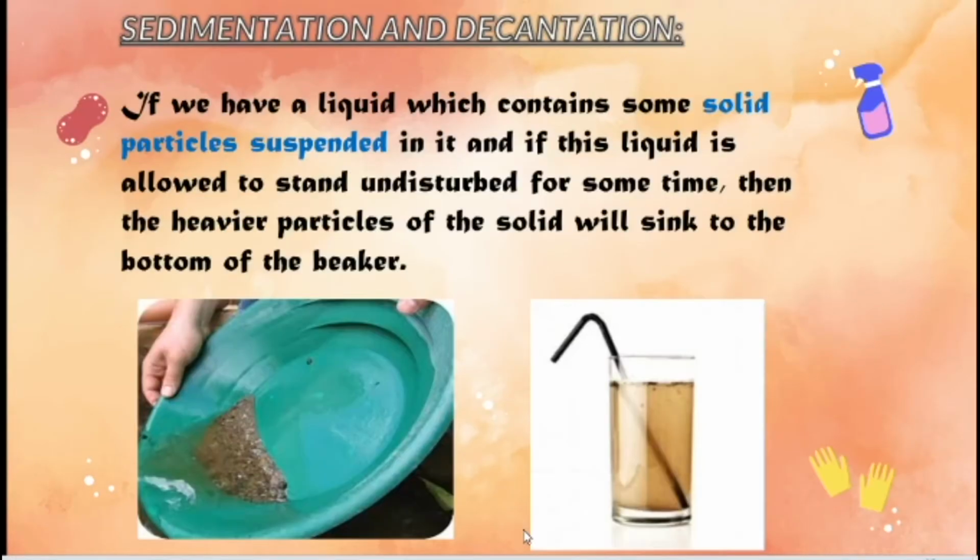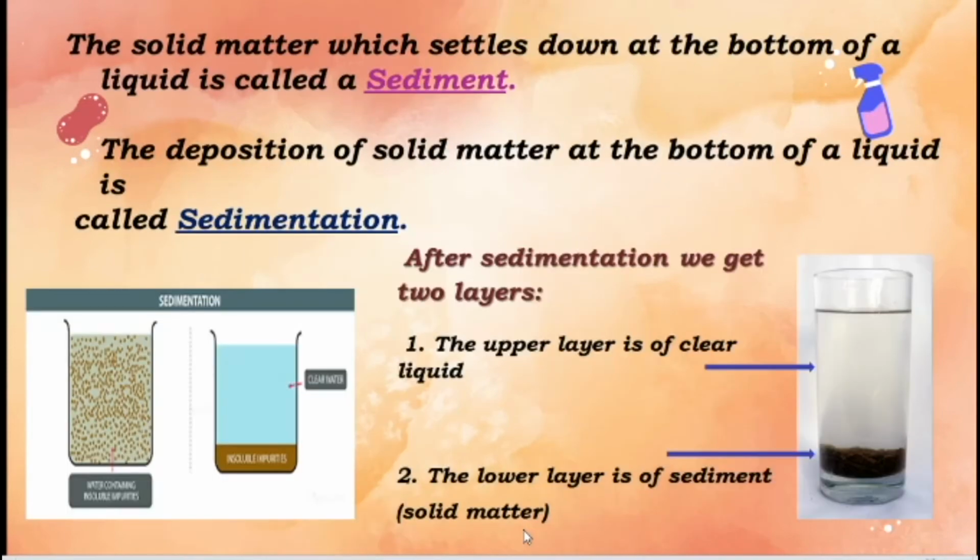Sedimentation and decantation is a combined process. If you have a liquid which contains some solid particles in it, we allow that liquid to stand for some time. Because you are leaving that liquid undisturbed, the heavier particles in that liquid sink to the bottom of the beaker. This is called sedimentation.